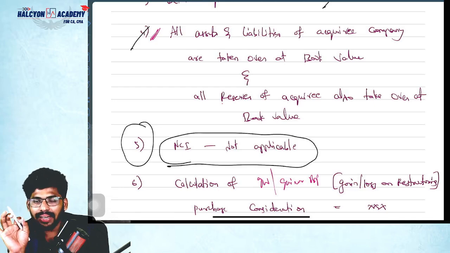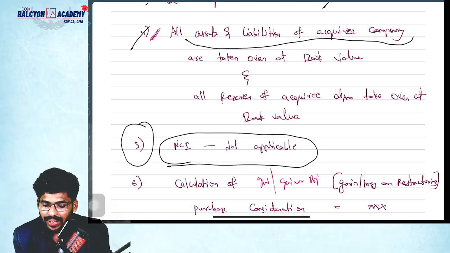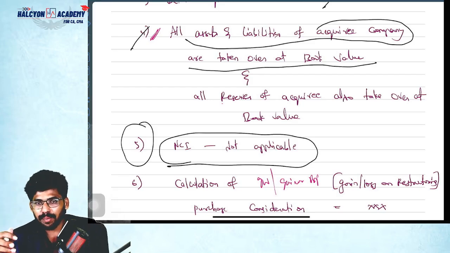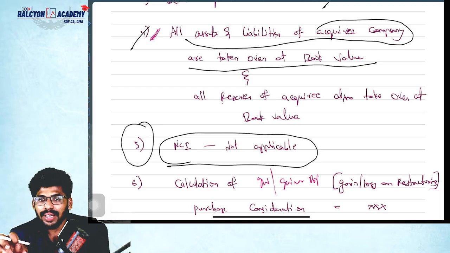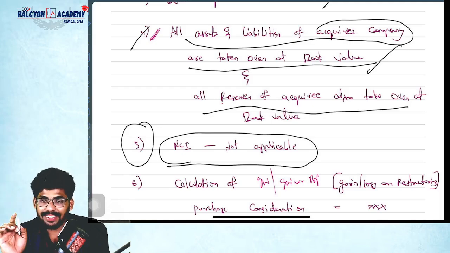But in case of a common control transaction, all assets and liabilities of the acquiring company are taken over at book values only. That is the special point as per this pooling of interest method. Generally we follow the acquisition method, but this is the pooling of interest method, so all assets and liabilities are taken at book value only, including reserves, guys.